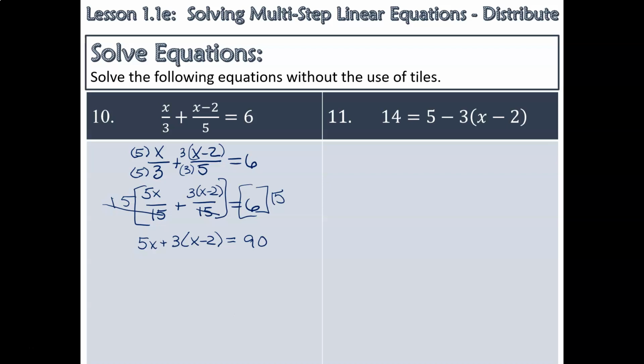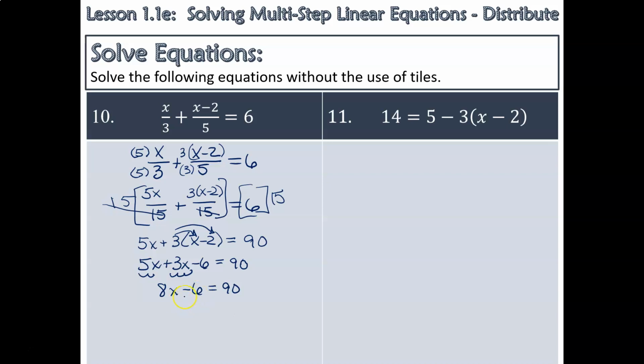So now we're going to go back to our to-do list, and we're going to distribute first. So I'm going to bring down my 5x. I have 3 times x, which is 3x. 3 times negative 2, which is negative 6, equals 90. Let's combine the x's. So I have 8x minus 6 equals 90.